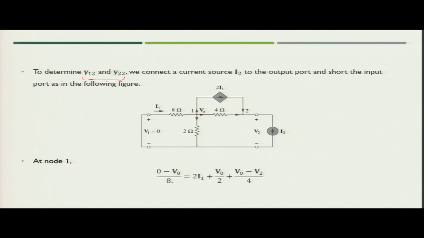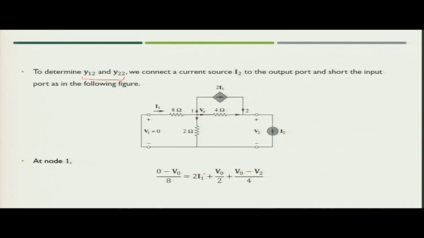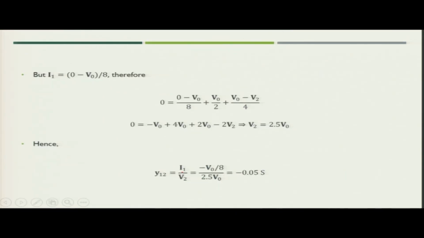Here again, I 1 is nothing but minus V naught by 8. So, you can put the value of I 1 in terms of V naught, and when you simplify, you will get V 2 in terms of V naught. So, you will get V 2 is equal to 2.5 V naught.